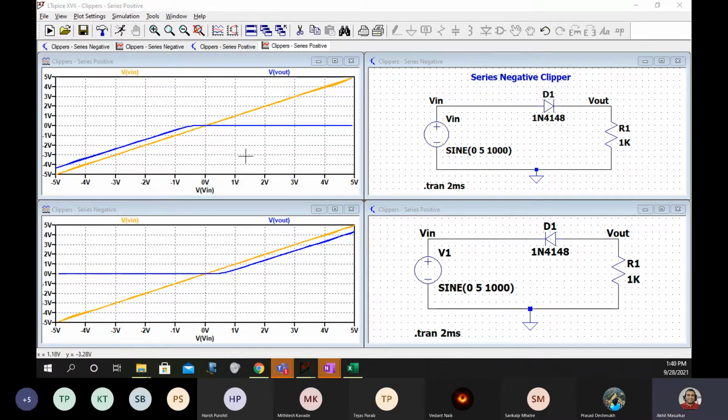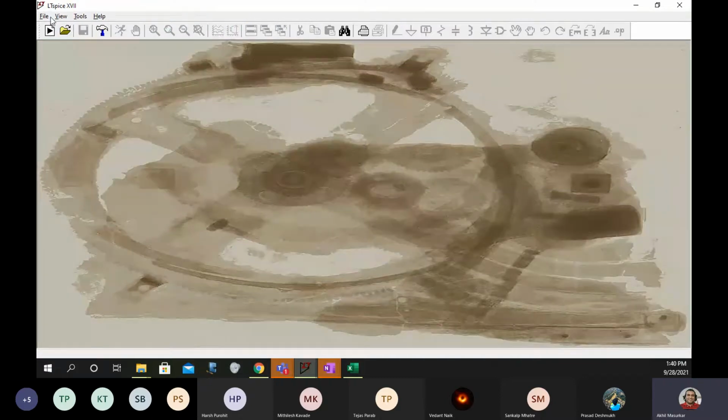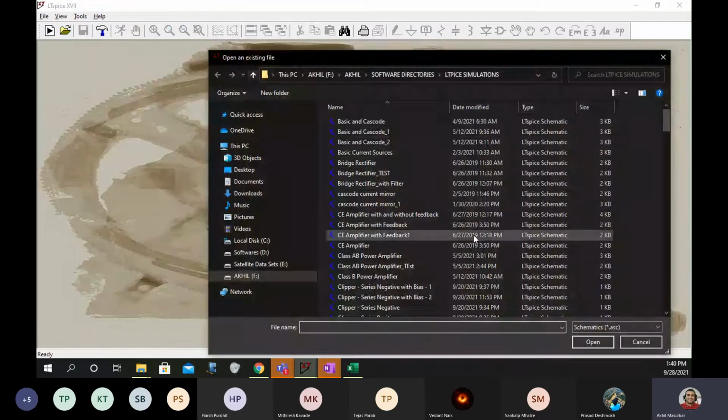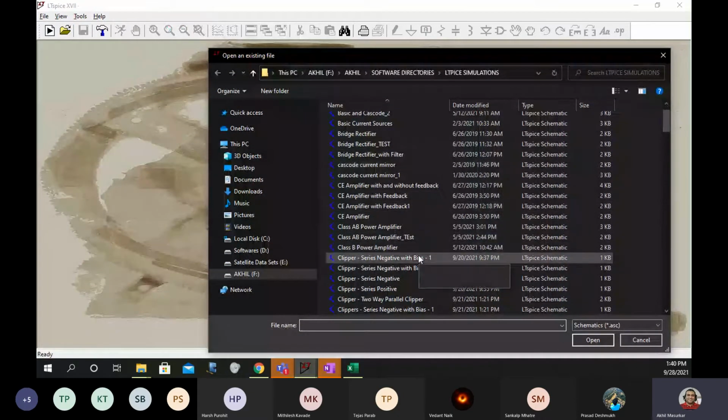Okay, so did you all get this? Now I want all of you to close this circuit. Let's close this. And our next circuit, which was our next clipper? I think it was series negative clipper with bias, correct?